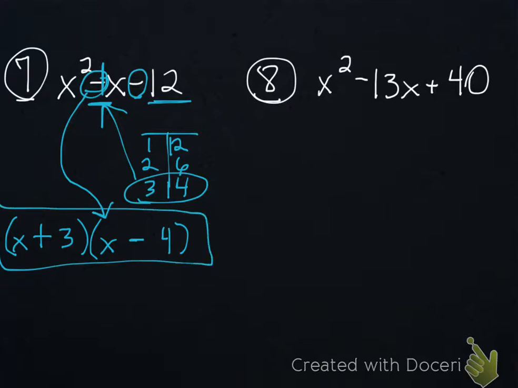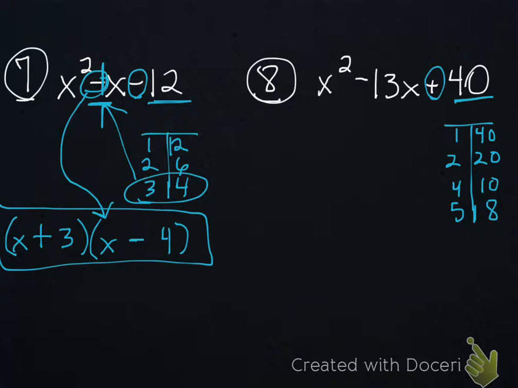Let's look at number 8. What's the constant? 40. So I'm multiplying to get 40. Everything that multiplies to give me 40: 1 and 40, 2 and 20, 4 and 10, 5 and 8. Now the 40 is positive, so I need to add.